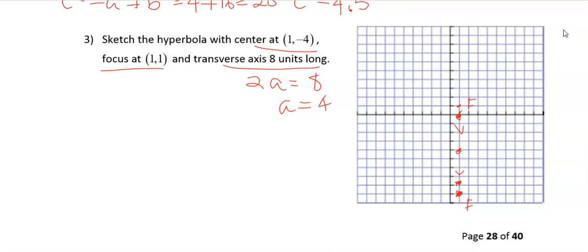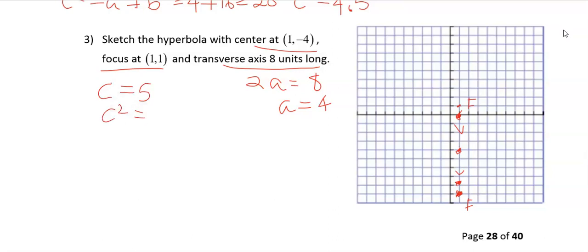Now, what am I missing? Well, I'm missing my co-vertices, right? I'm missing that B. Well, I can easily calculate it, because from the diagram, I can clearly see that the distance from the center to either one of the foci is 5. So my C is 5, which means that C squared is going to be 25.